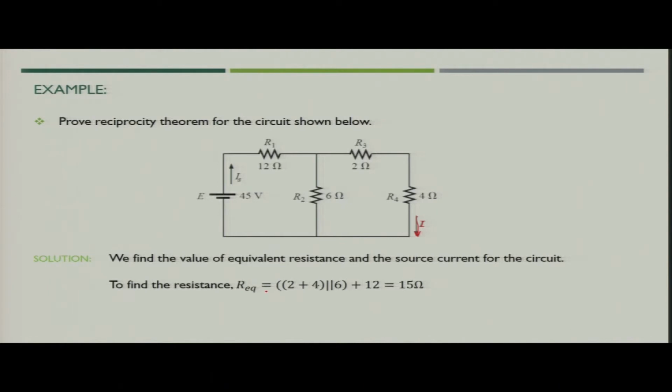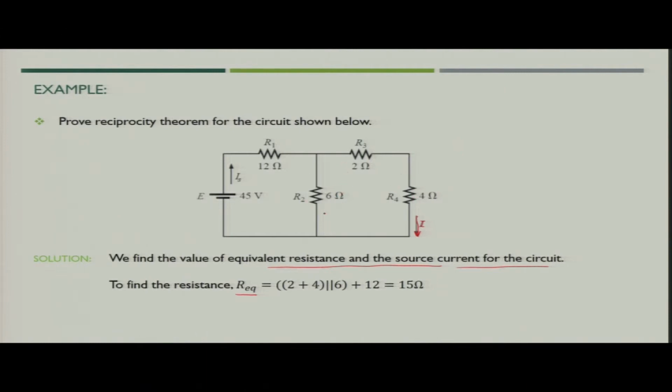arrangement. So, we will first try to find out the equivalent resistance of the circuit. So, the equivalent resistance of the circuit would be R equivalent, and here you will see that 2 plus 4, that is 6 ohm, is in parallel with 6 ohm.